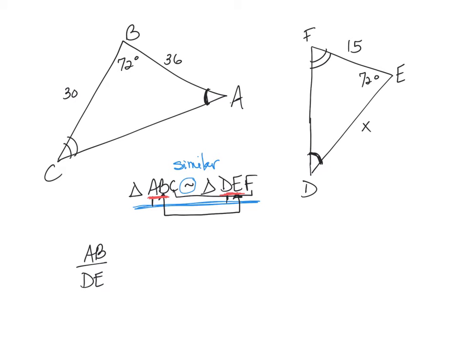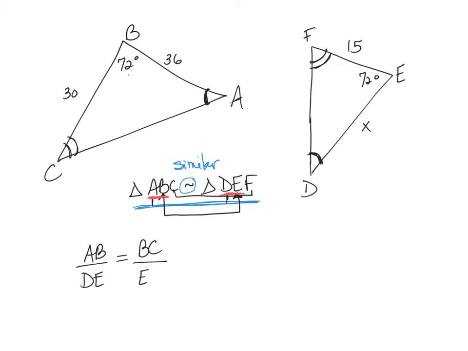So then the other side I'm given is BC, which is 30 on my triangle ABC, and BC is between the double arc angle and the 72 degrees. So that means that corresponds with the double arc angle and the 72 degrees in DEF.